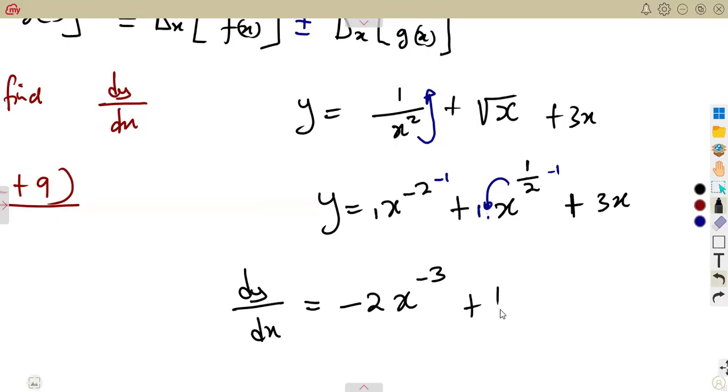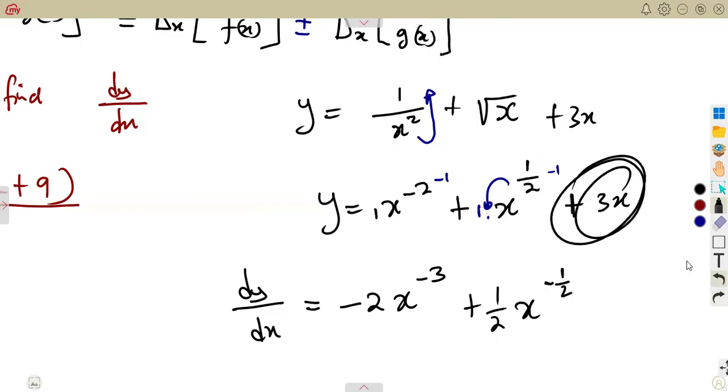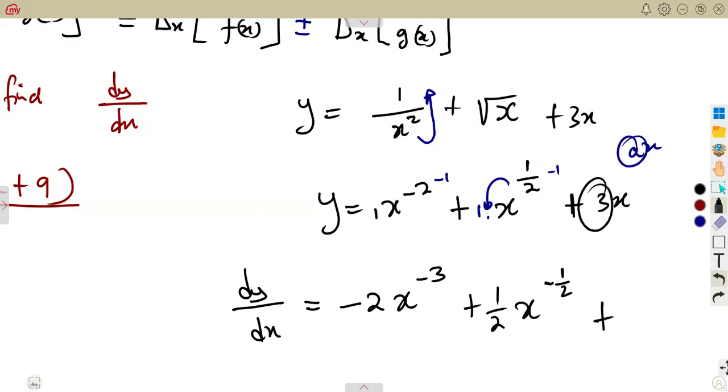That's a half. So that's 1/2 x to the exponent of what? You subtract a 1 there. That's a -1/2. 3x, that's a linear term, ax. So the derivative there is supposed to give us the coefficient of x, which is a 3. There we are done. We have differentiated.